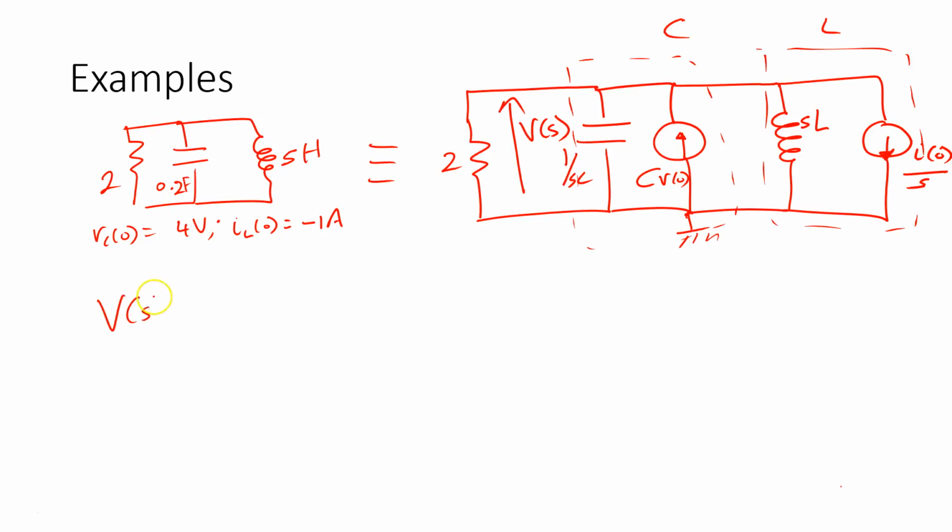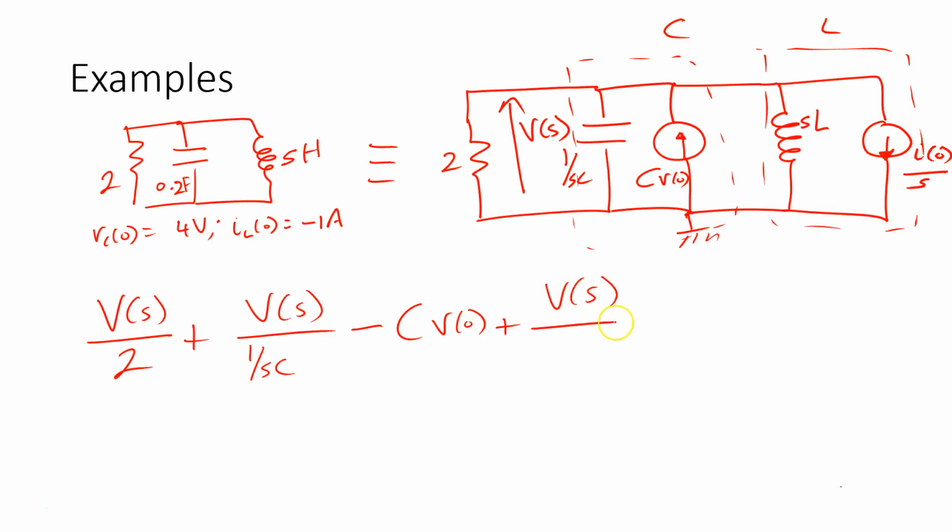So I have Vs on R, which is Vs on 2, plus Vs over 1 on SC, plus, or in this case minus, CV0, plus Vs on SL, which is the current down here, plus I0 on S, and all of that is equal to 0.